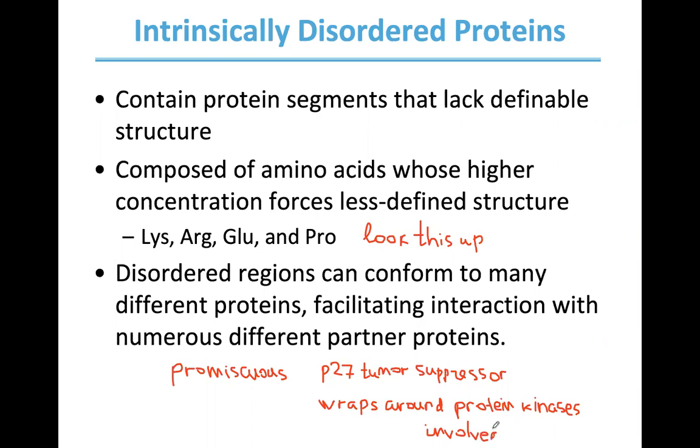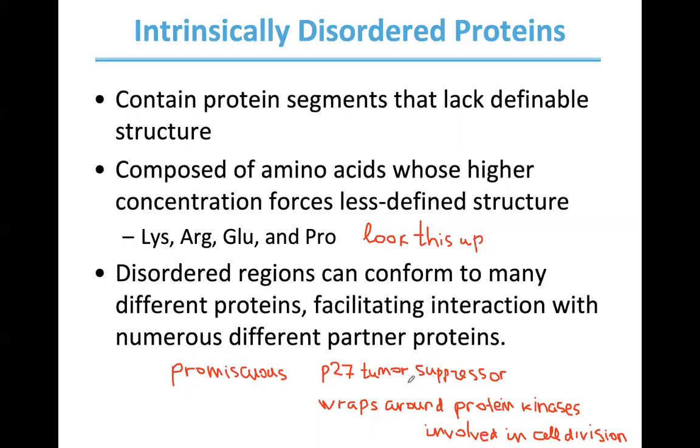It prohibits the process of cell division. Yeah, it inhibits it. That's correct. It wraps around protein kinases involved in cell division and inhibits cell division.